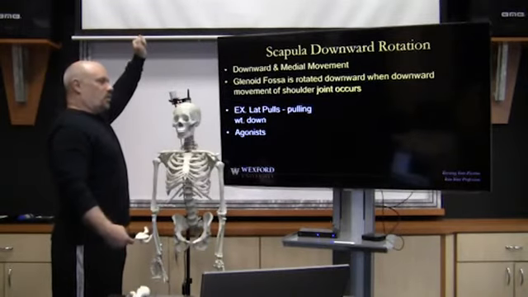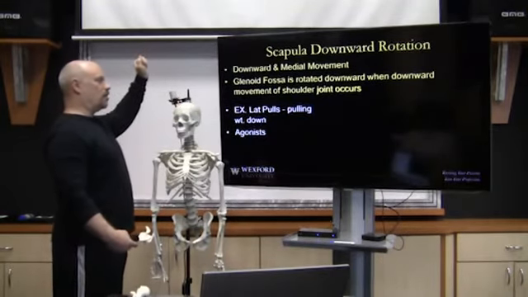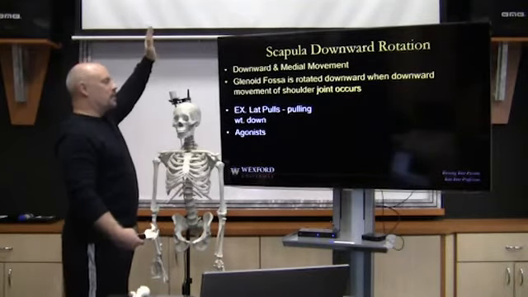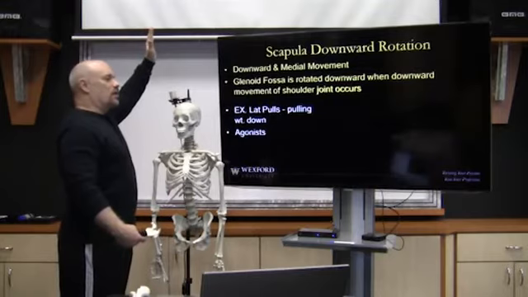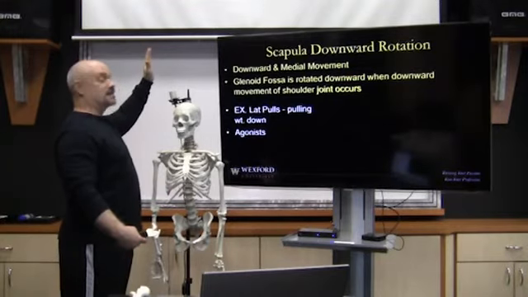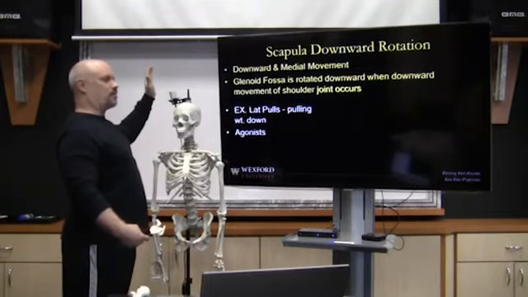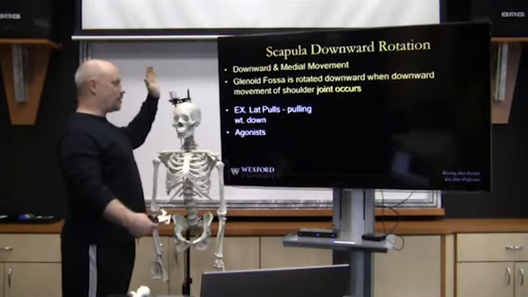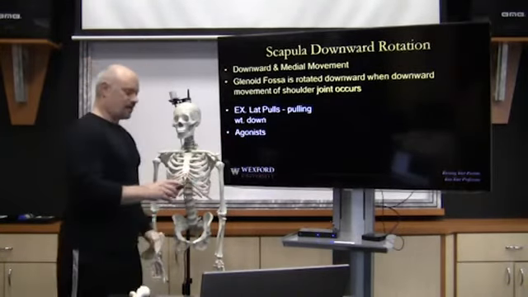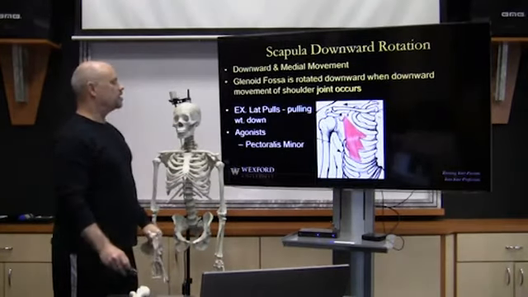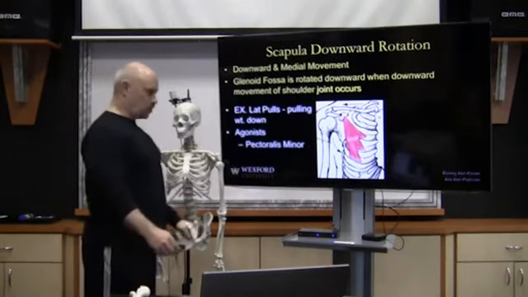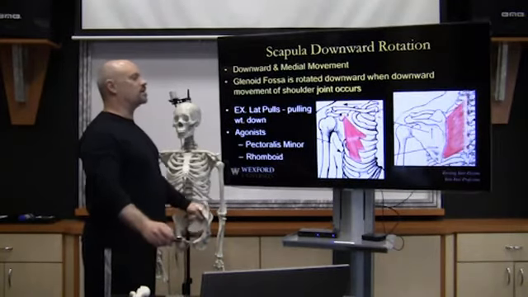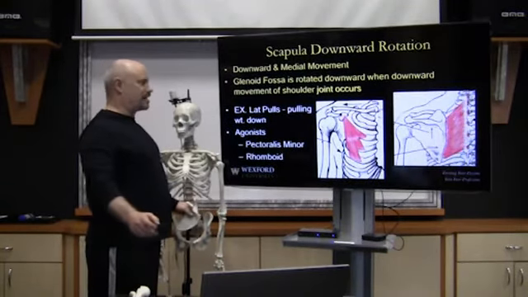As soon as you start to do a pull-up or lat pull-down, the first thing that happens is you're going to downwardly rotate the scapula and you're going to depress it. So here's elevation, depression, and downward rotation, and the agonists here are the pectoralis minor, which pulls it down and depresses it, and also the rhomboids, because they're going to pull down and retract together.